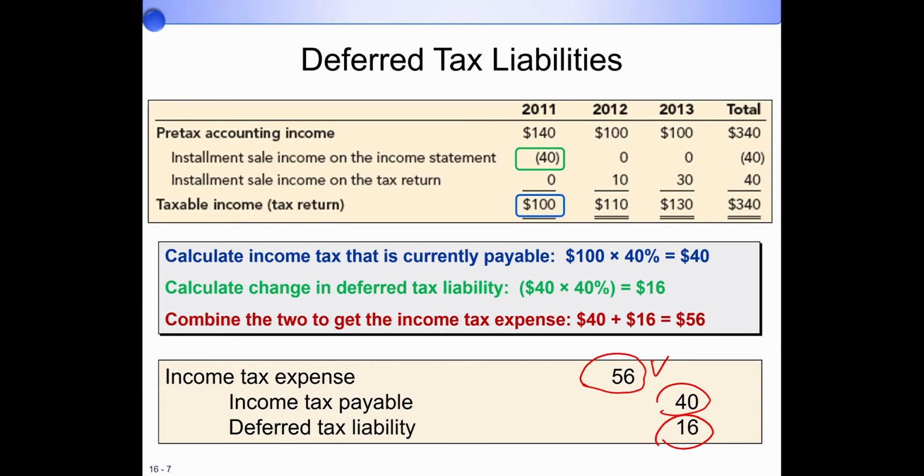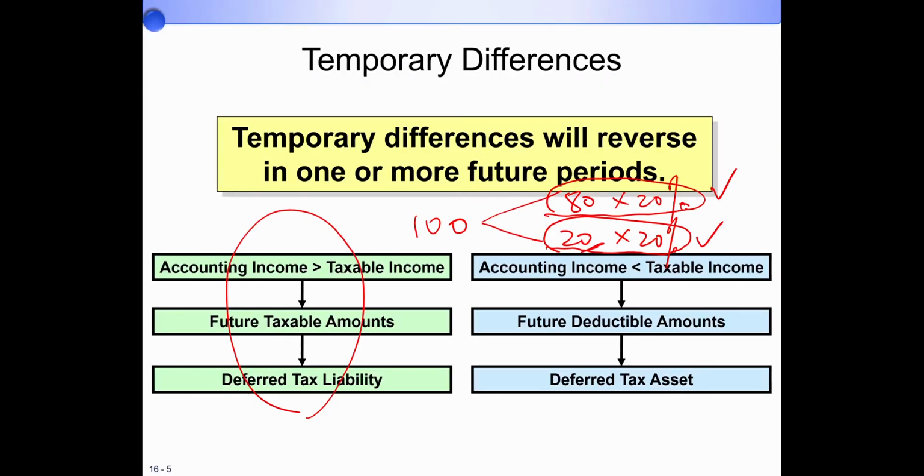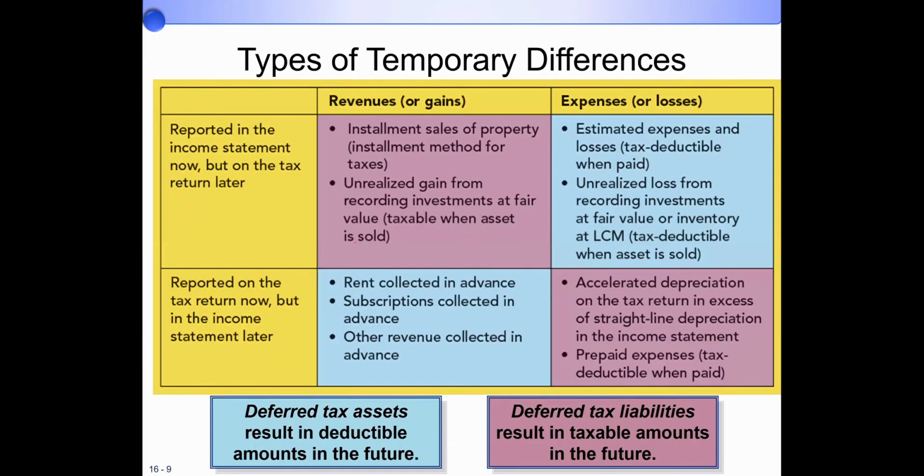And we talk about this situation: accounting income is greater than taxable income. There are two kinds of situations. Let me go to that summary. Two situations where the accounting income is greater than taxable income. One is here, with this part, we talk about the revenue.